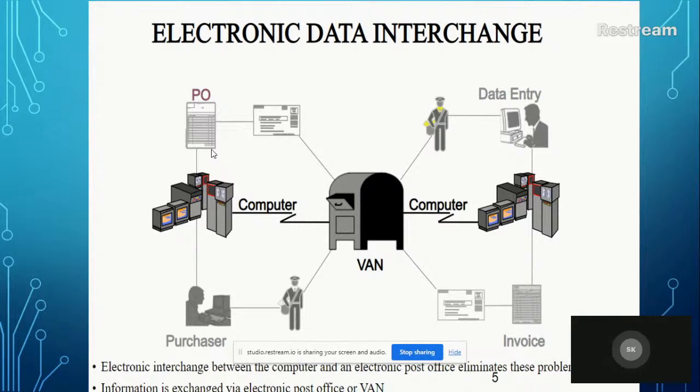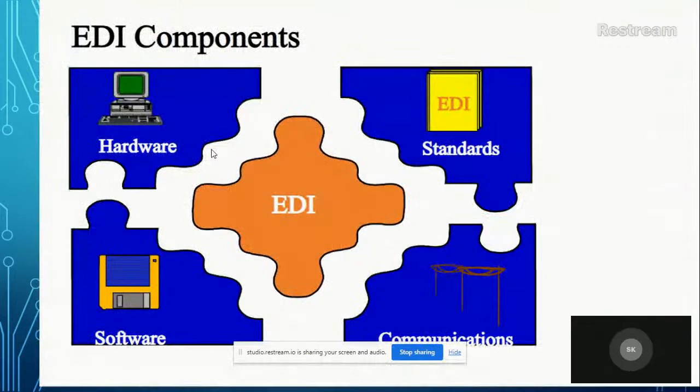From one computer to another computer with the help of the WAN, the purchaser can place the order, the data is entered, and the other organization's computer receives the order and responds to it. The purchaser then receives the response to the order he placed. All these processes will be done.